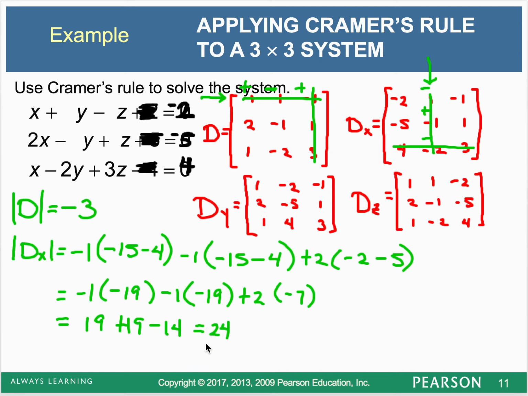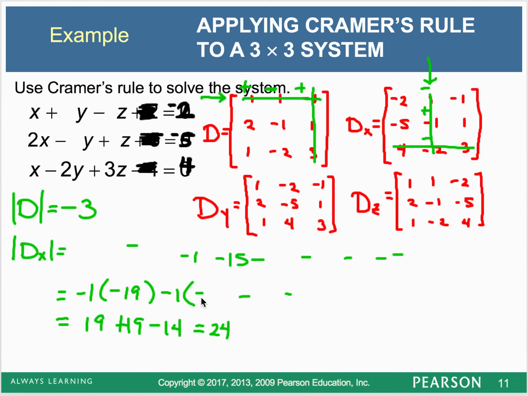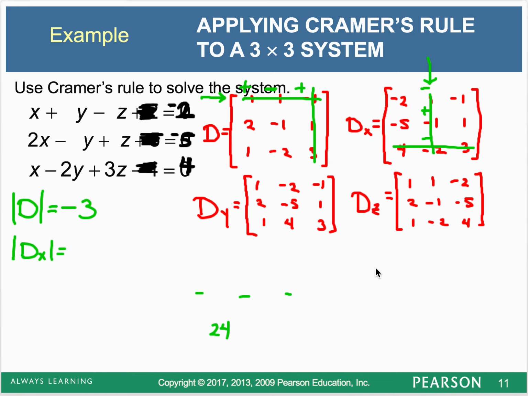All right, I'm about to erase all this. Pause it if you need to continue taking a look at it. I'll just put that determinant is 24. Okay, 24.